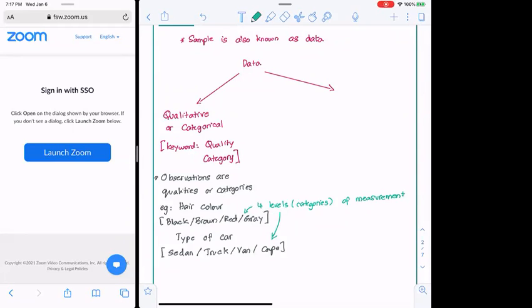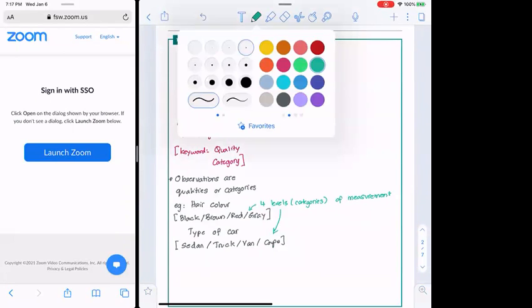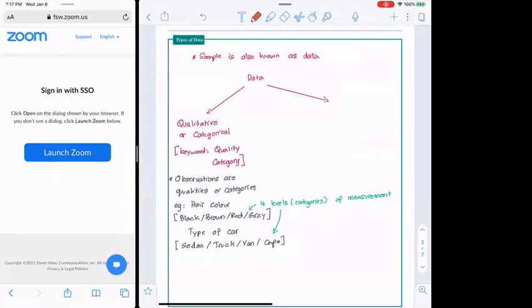The second type is quantitative data. So quantitative data is a case where observations correspond to numerical measurements.